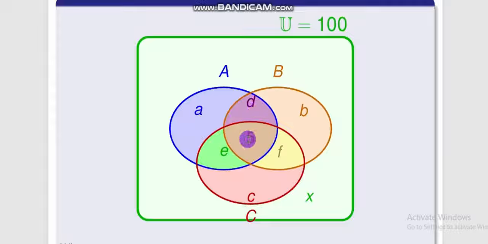You see, this and this. This region is for the intersection of A and B and C, and this region is for the intersection of A and B only. So the 20 that we are given includes these 2, the total of these 2. D and 5 gives 20.